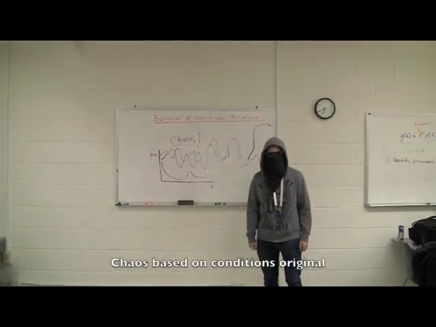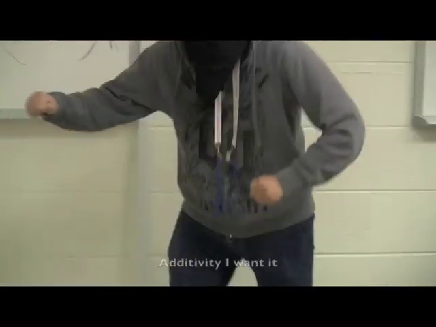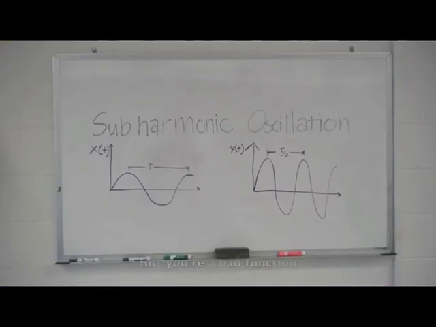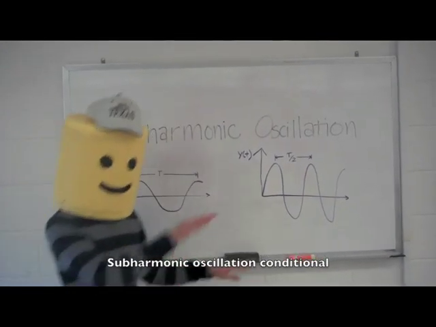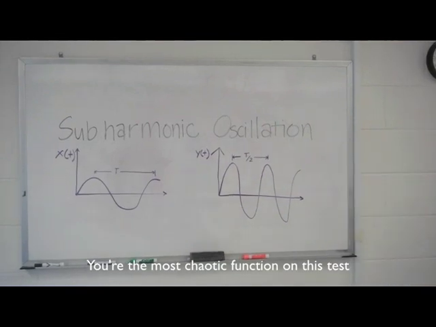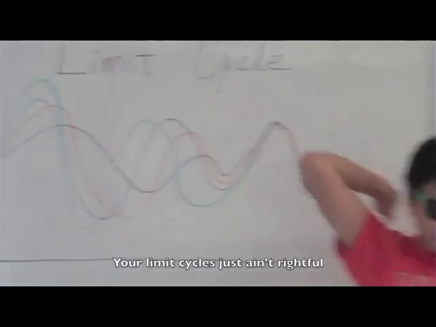Chaos based on conditions original. Making my test score abysmal. Variable plus. Hate these blurred linearities. Subharmonic oscillation conditional. Based on your conditions original. You the most chaotic function in this test. A bad function. Your limit cycles just ain't rightful. Cause my grades they stifle.